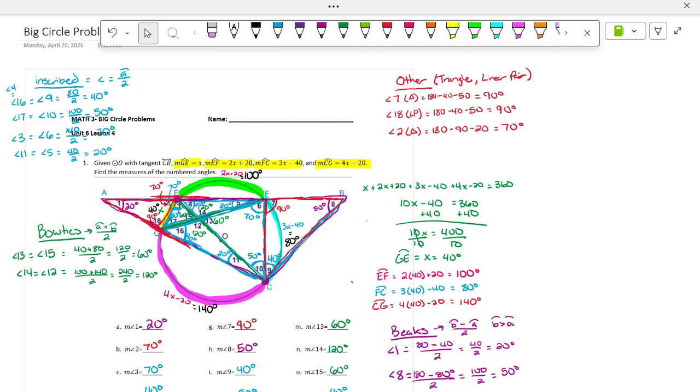Guys, I know it can be tedious, but just give it a shot, because again, you're going to have one on your test. And it's like a 10-point question.